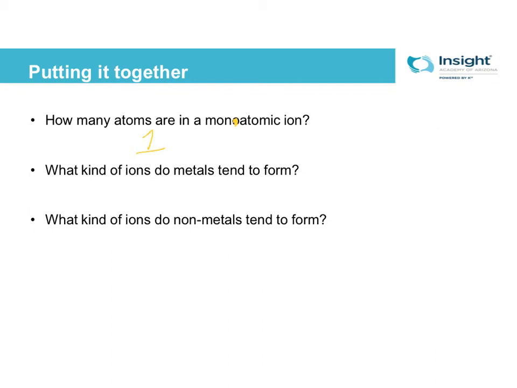They might have more than one option, but everything in there was just a singular atom. And they have an ion that they form, or maybe a couple of options of ions that they could form. Metals tend to form positive ions. Non-metals tend to form negative ions. So this is important as far as definitions go.